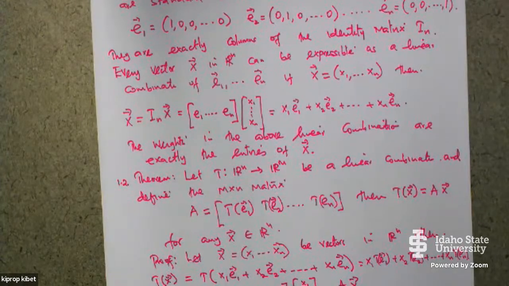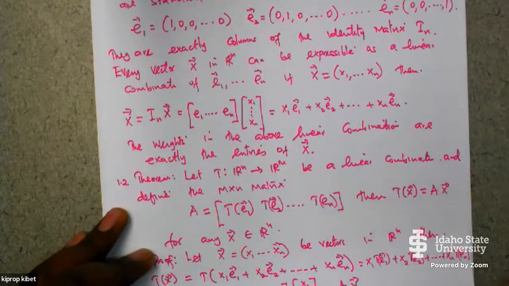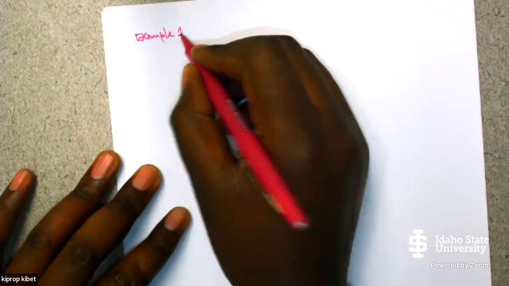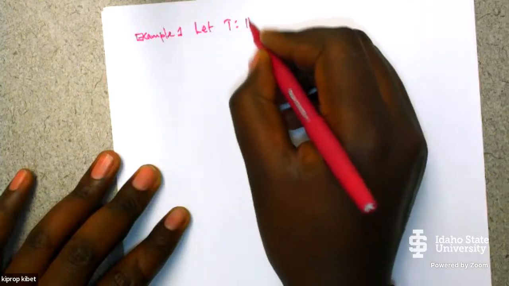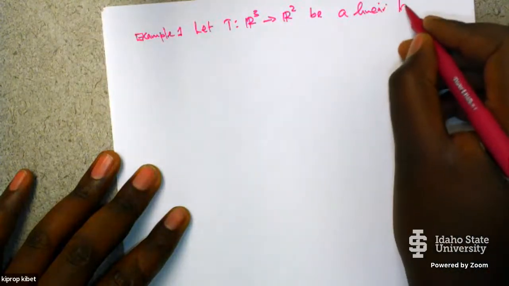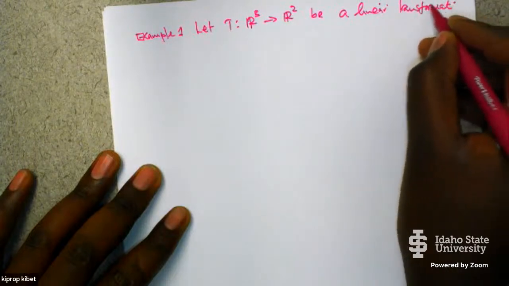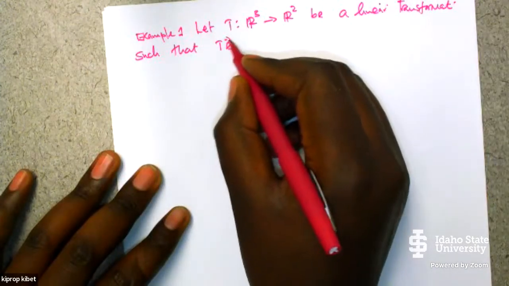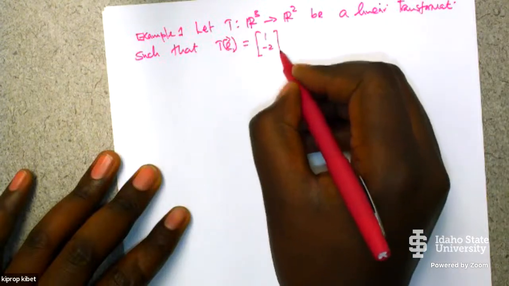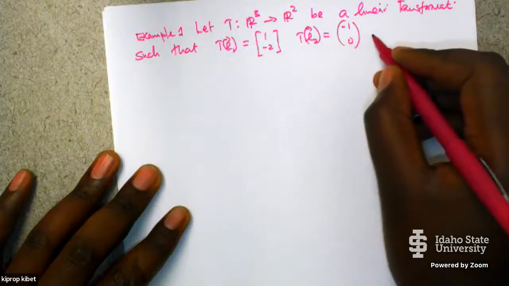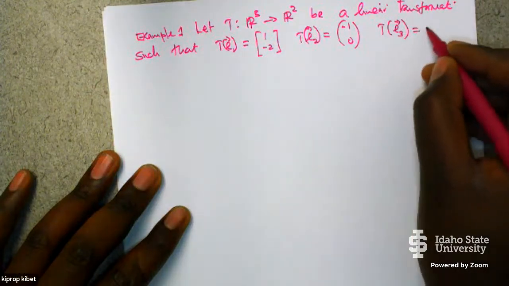Okay, let's look at example number 1. Let the transformation from R3 to R2 be a linear transformation such that TE1 equals 1, -2, TE2 equals -1, 0, and TE3 equals 3 and 3.